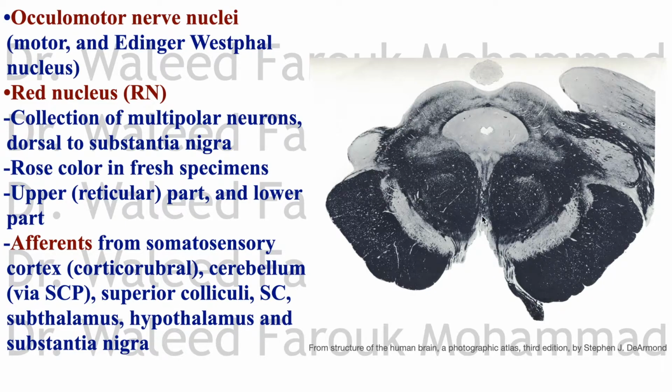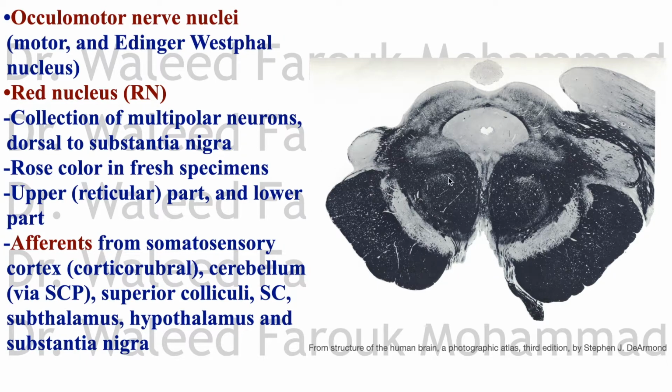The motor nucleus supplies the extraocular muscles, and the Edinger-Westphal nucleus is the parasympathetic component of the oculomotor nerve, responsible for the pupillary reflex, pupillary constriction to be precise, and the accommodation reflex.